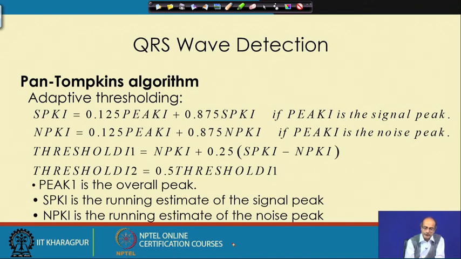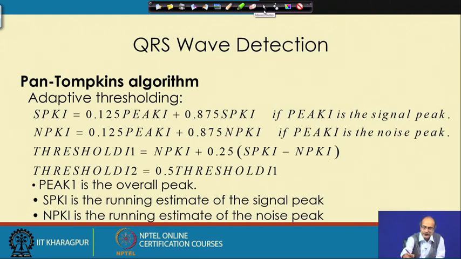So, what they have proposed is that threshold 1 should be above the noise peak. That is the baseline, and then the difference between the running estimates of the signal peak and the noise peak is taken, and 1/4 of that difference is added to the noise peak. That would be threshold 1, and 50% of threshold 1 is taken as threshold 2.